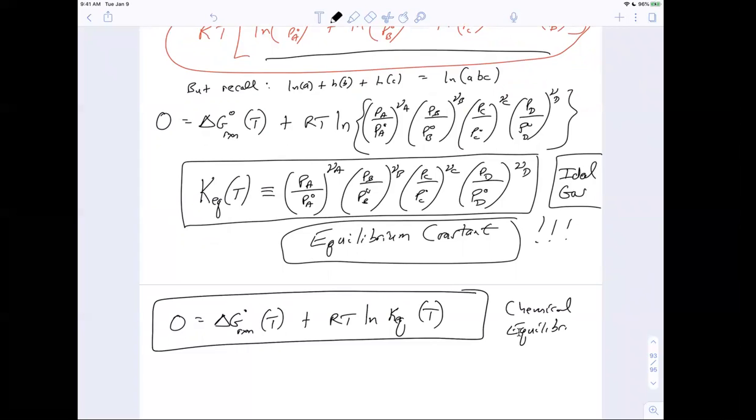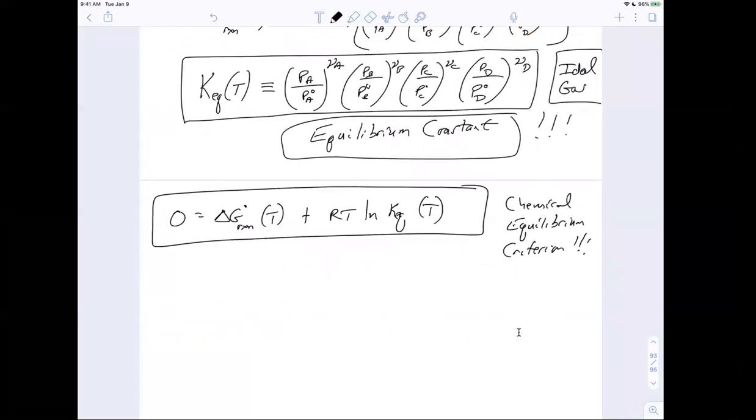So where did this come from? And let me just finish it. What we have here then is delta G superscript 0 of the reaction at T is equal to minus RT natural log K equilibrium of T.